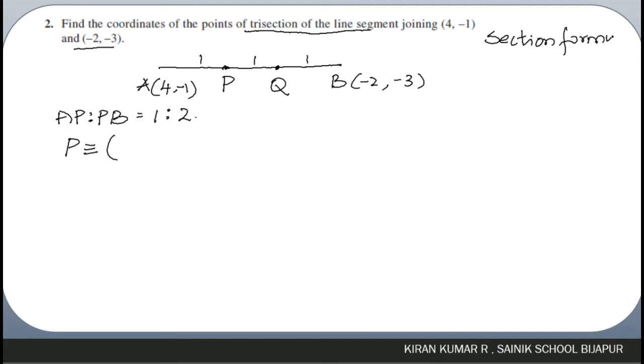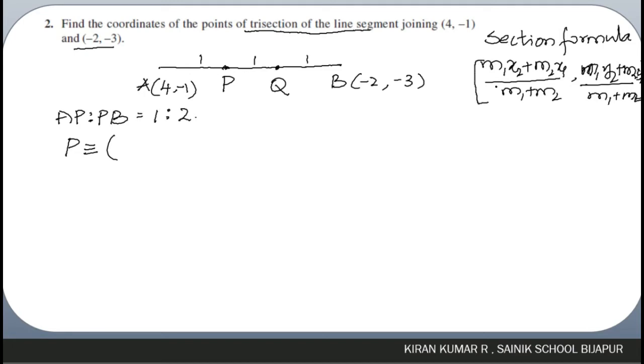The x coordinate is m1x2 plus m2x1 divided by m1 plus m2, and y coordinate is m1y2 plus m2y1 divided by m1 plus m2. These are the coordinates of the point which is dividing the line segment in the ratio m1 is to m2. With this formula, let me find the coordinates of point P.